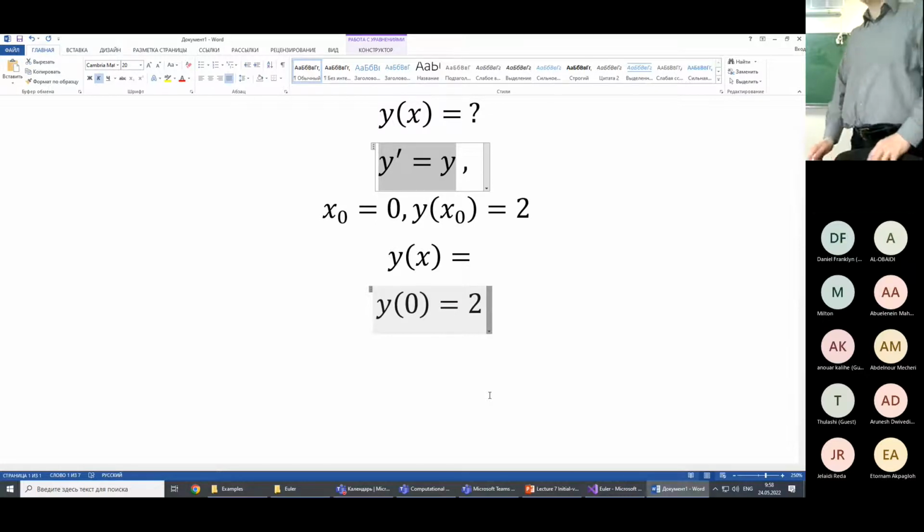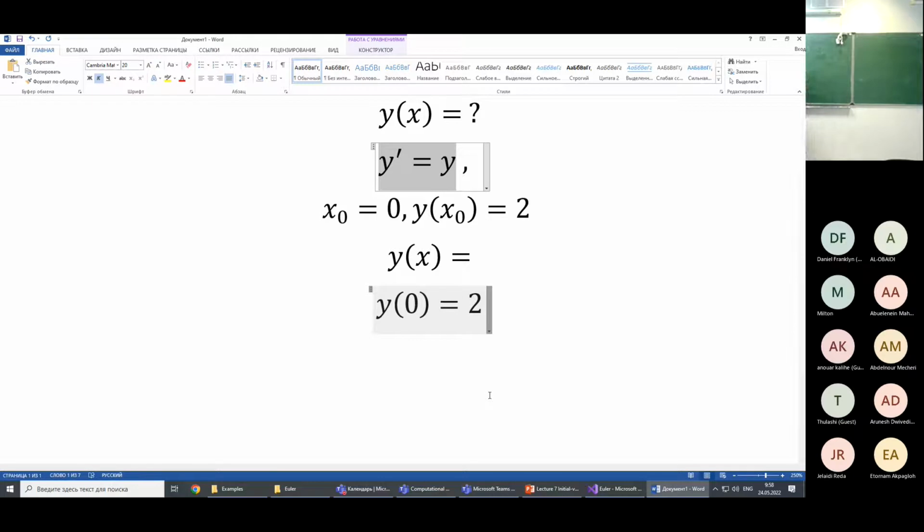If you take, for example, x squared, what is the derivative of x squared? Y prime equals 2x. Does y equal y prime? No, x squared doesn't equal 2x.